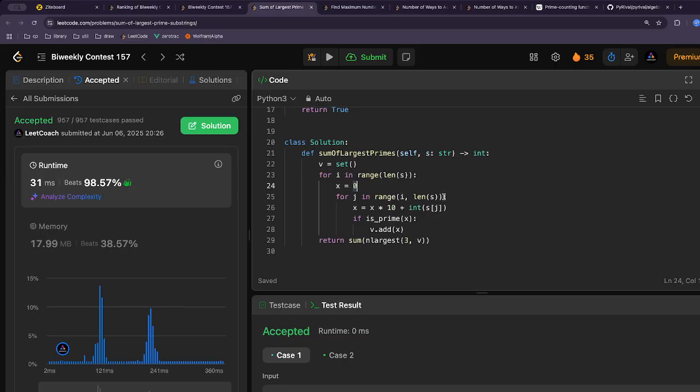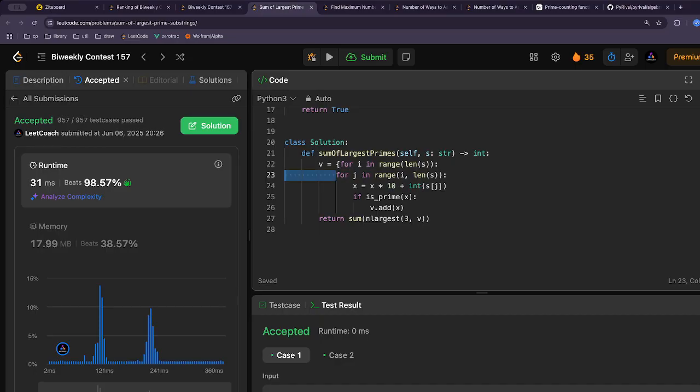So this is cool. So what if we remove the duplicates here? I'm just curious.